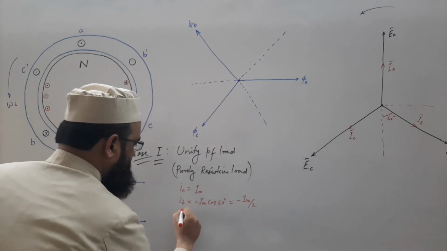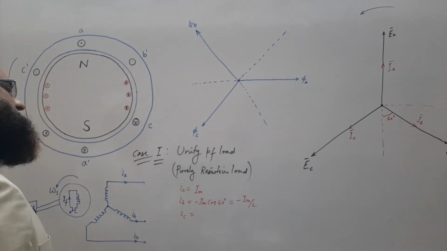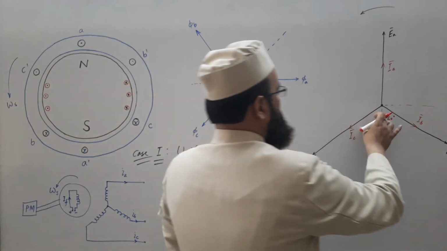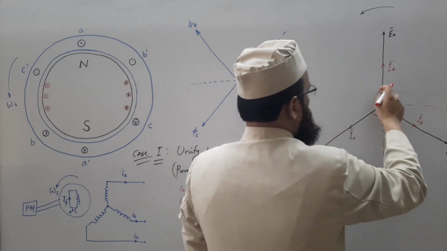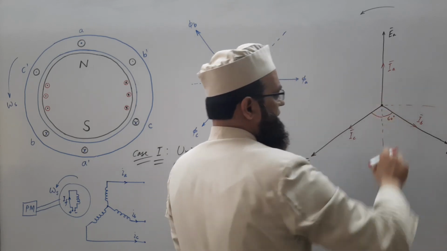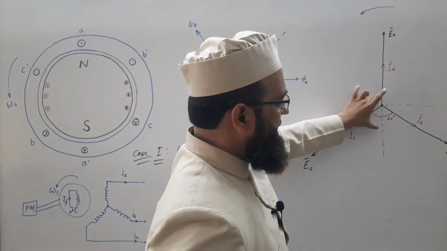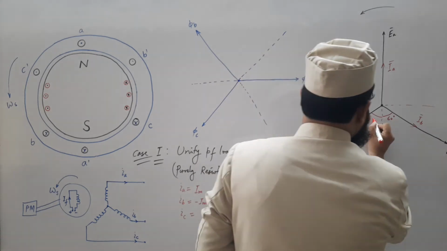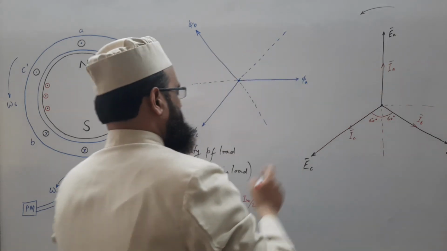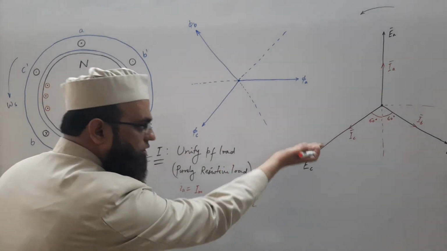What about IC? IC will be the vertical projection of this phasor. So what is the angle between these two? See, the complete angle is 180, right? Linear pair. This angle plus this angle will be a linear pair. So this is 120, so this will be 60. Again 60. So we will write a minus sign because this is downward.